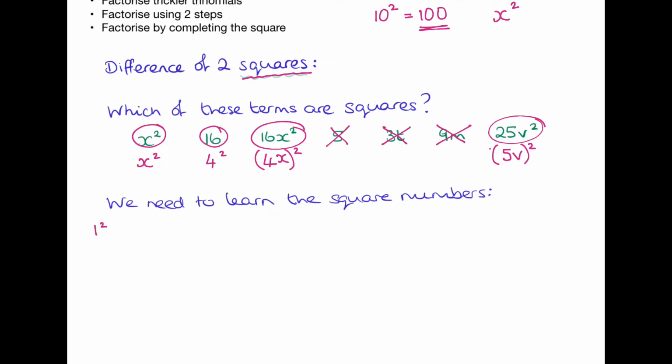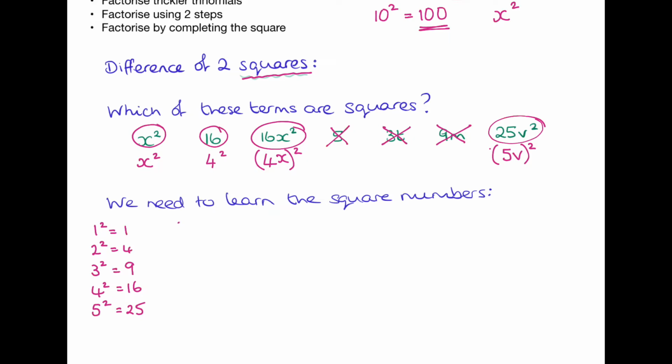You need to learn that 1 squared is 1, and that 2 squared is 4, and so on. You need to learn all of these square numbers. You need to know both the right hand side and what squared gives you that. You will know some of them anyway.